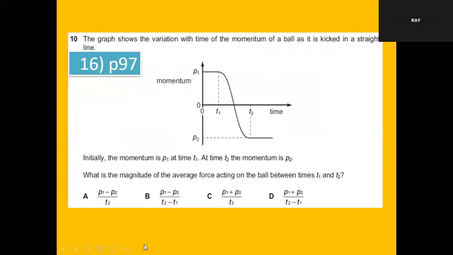How about this one? But 10 is in the original paper. 16 is my numbering.